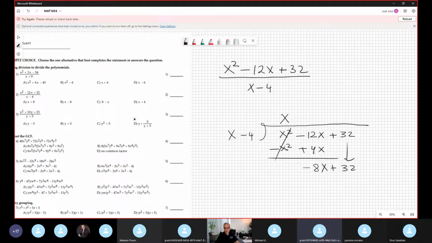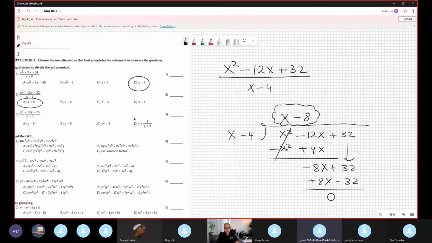Now it's obviously minus 8, because minus 8 times x is minus 8x, and minus 8 times minus 4 is positive 32. By subtracting, you change the sign. Again, it's 0, and this is my final answer. By the way, the final answer in the first one was this, and in the second was this.